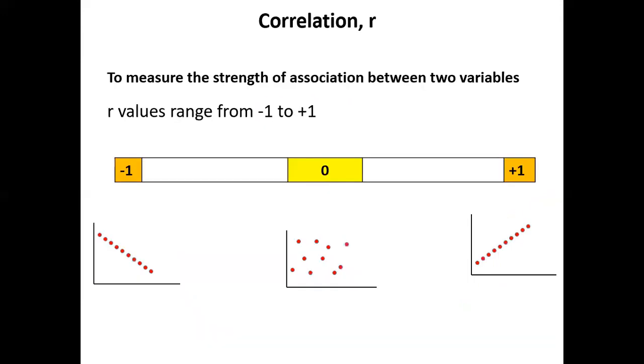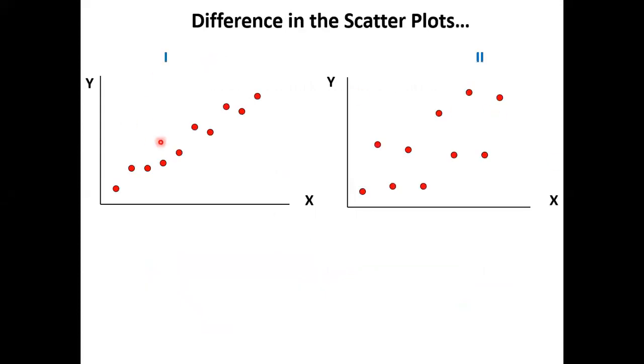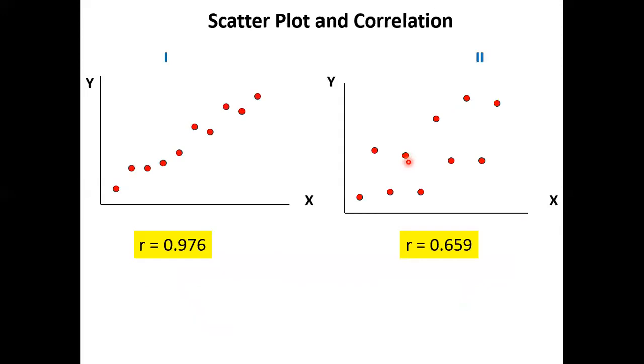So to interpret this now, our description is the same: higher the X, higher the Y. But what's the difference? This is all compact, this will be loose. So this must be strong, this must be a bit less. The strength must be a bit lower. So you measure correlation now. That value is 0.976.